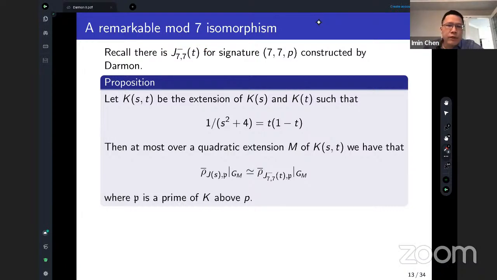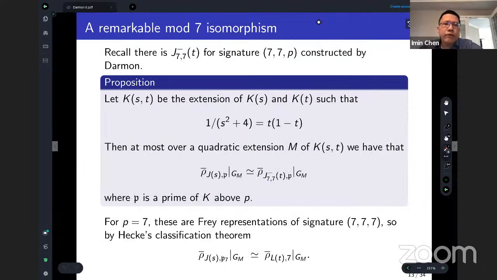And that's useful because we do have more information about hyperelliptic curves than we do about superelliptic curves.